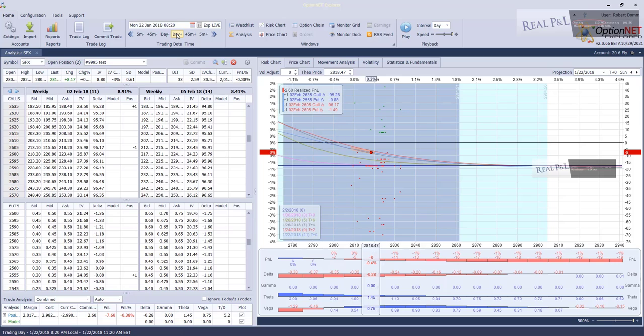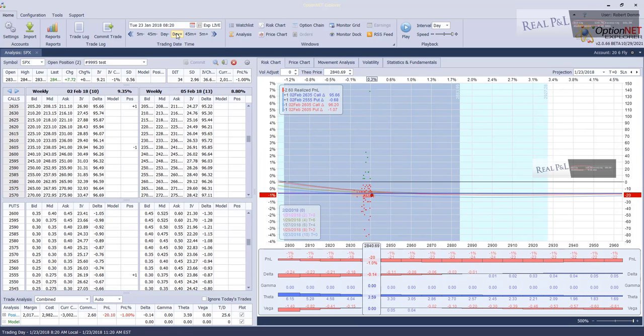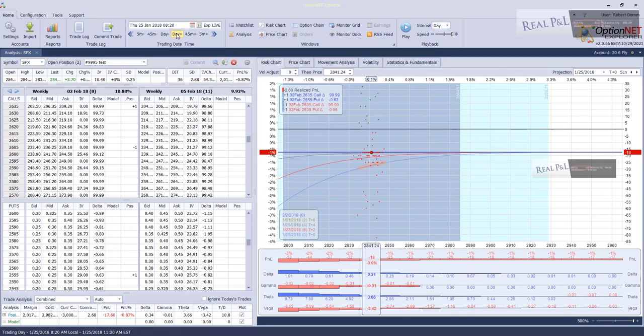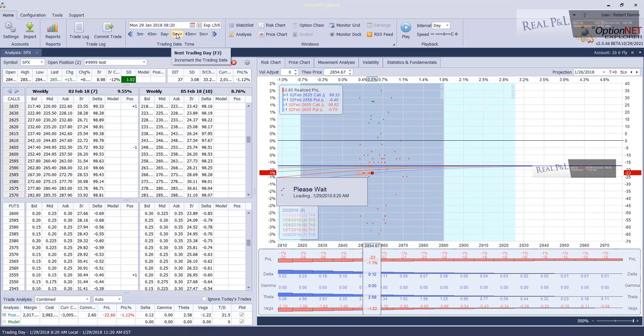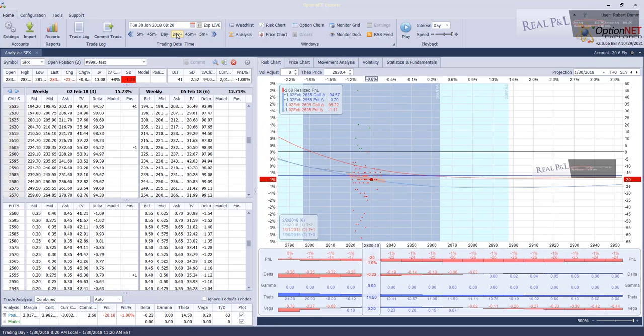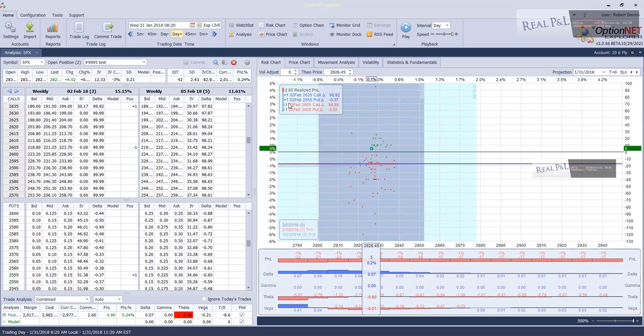Day 33, day 34, day 36, day 40, day 41, day 42, not good.